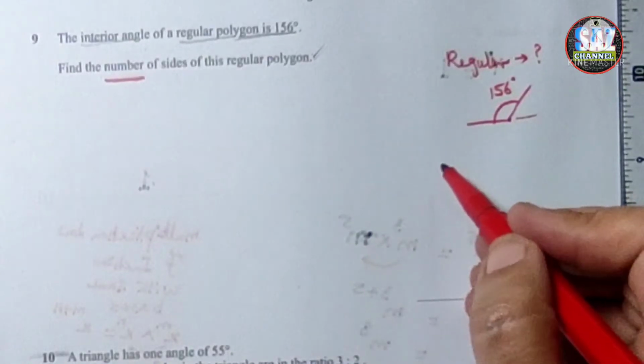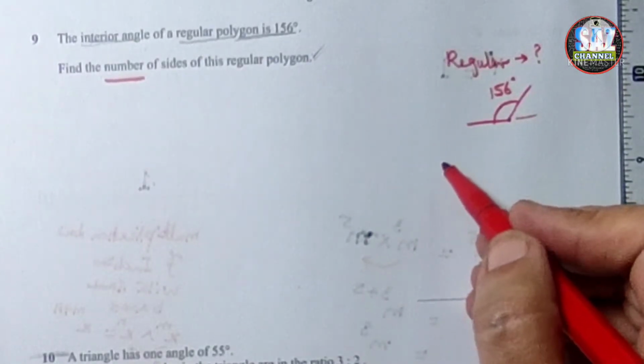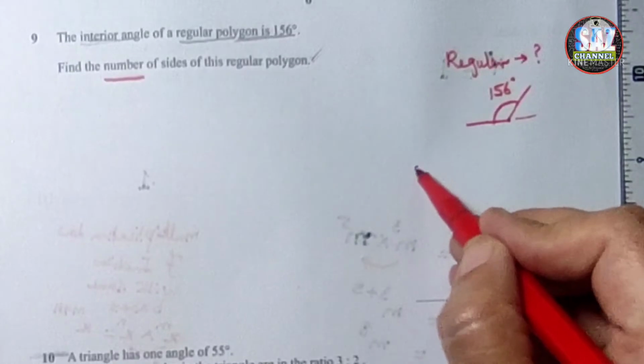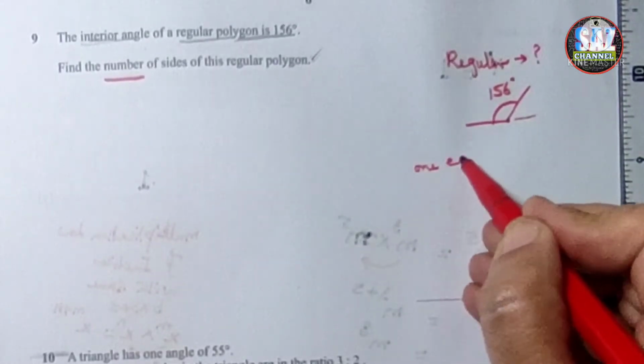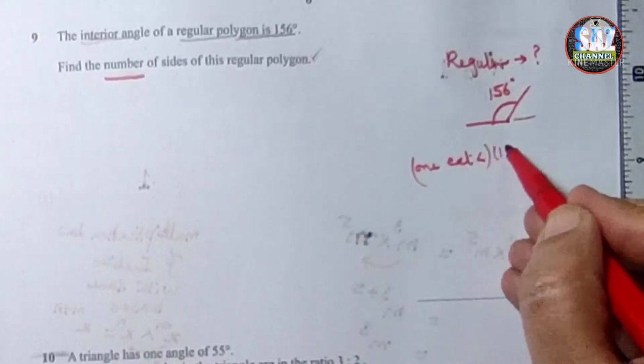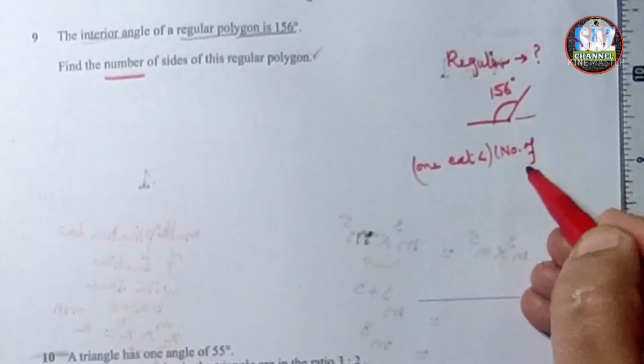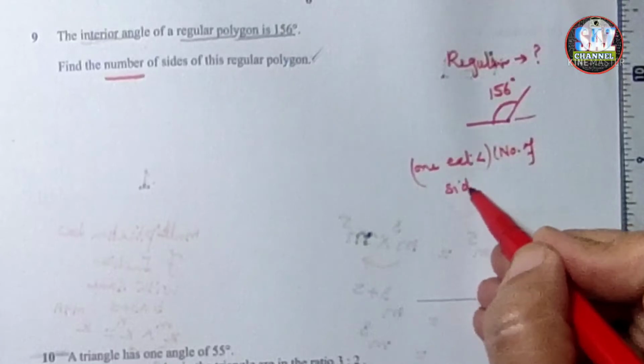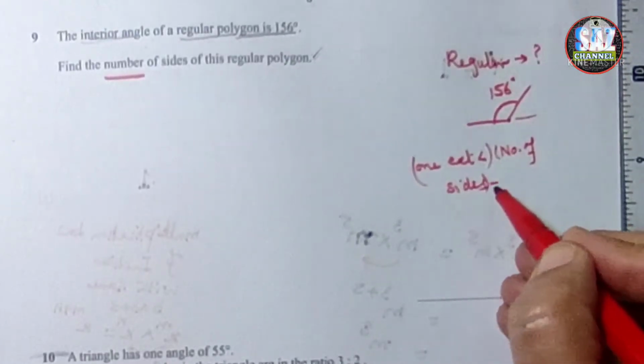So we know the formula: one exterior angle multiplied by number of sides equals 360 degrees.